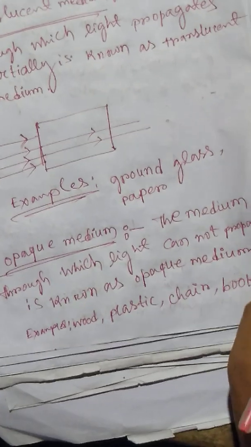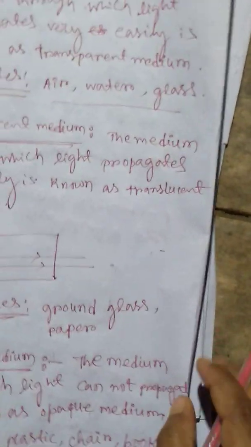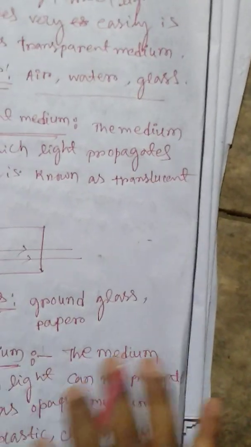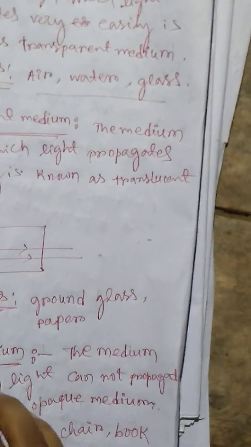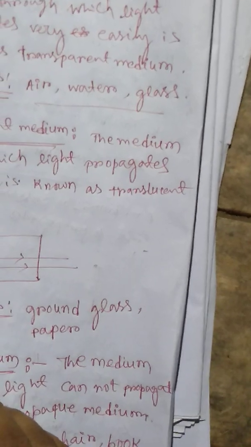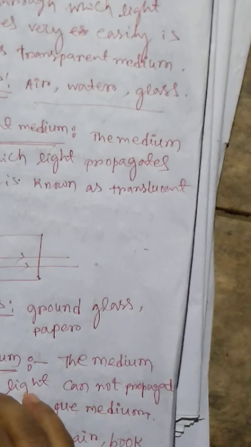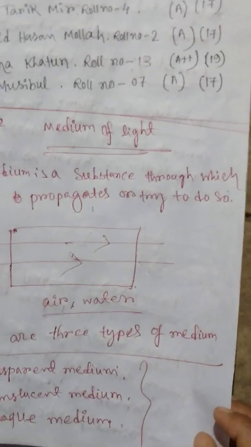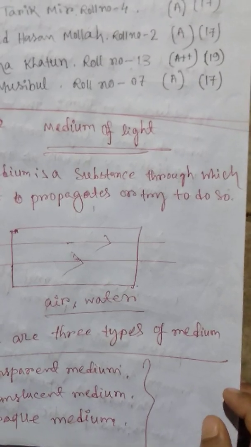So these are all the important topics I have discussed with you. Read these topics very well, and if you have any problem, please contact me, and you can send me a message through the WhatsApp group. You can contact me anytime. Please note down and read all these definitions.